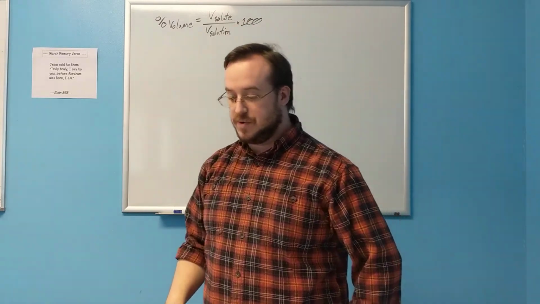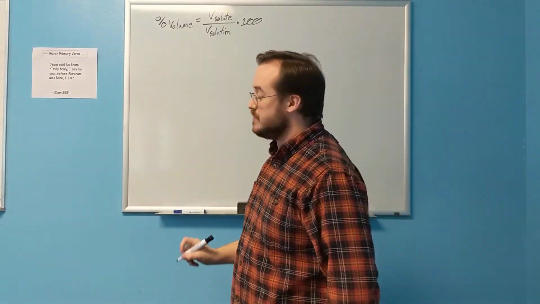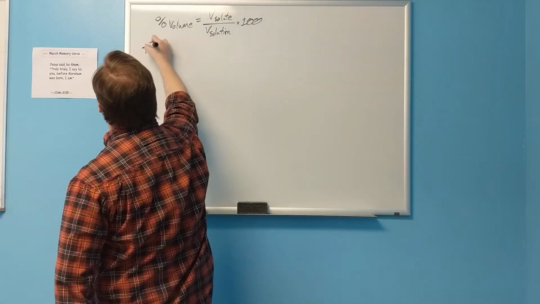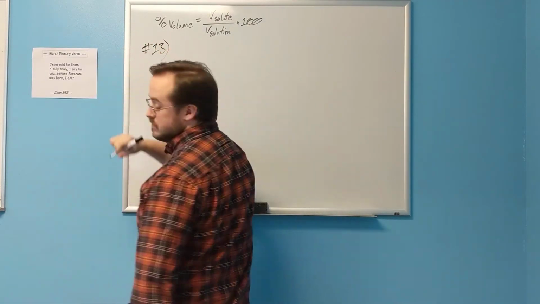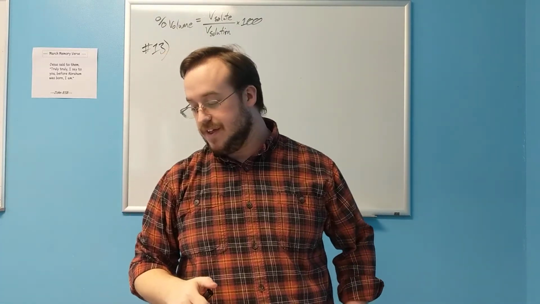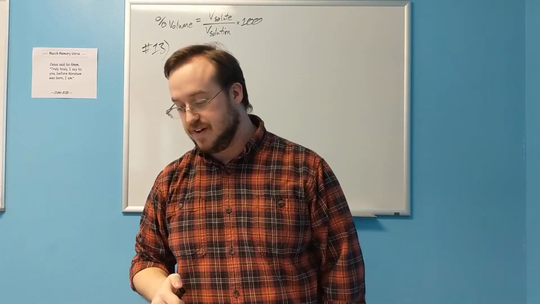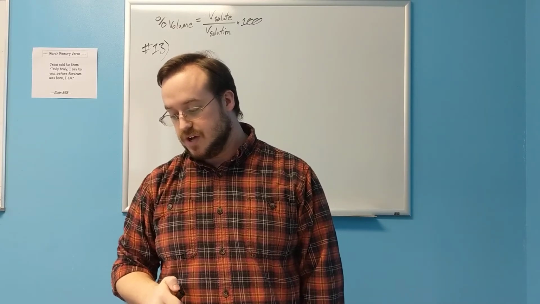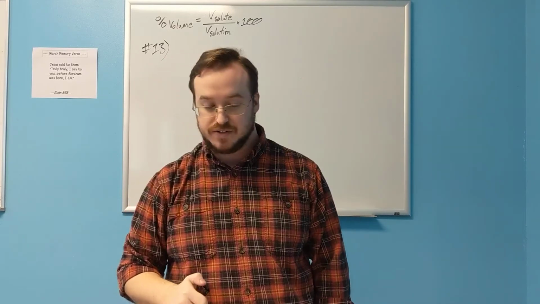All right, we're going to do number 13 on page 482. Number 13 reads, what is the percent by volume of ethanol in a solution that contains 35 milliliters of ethanol dissolved in 155 milliliters of water?